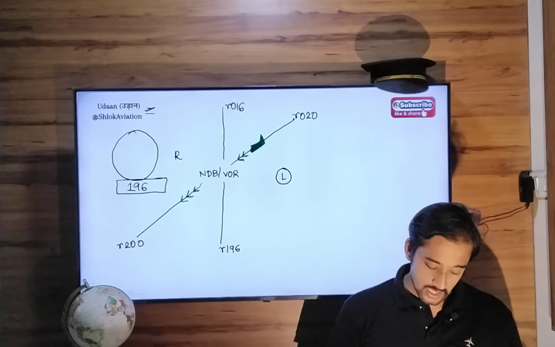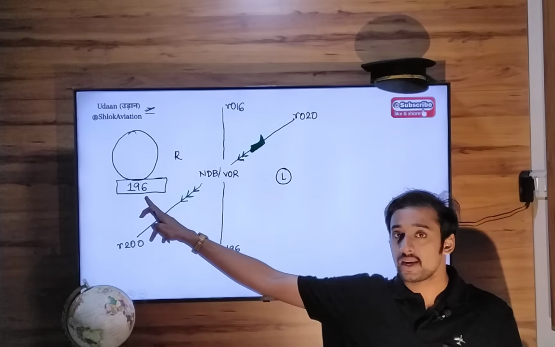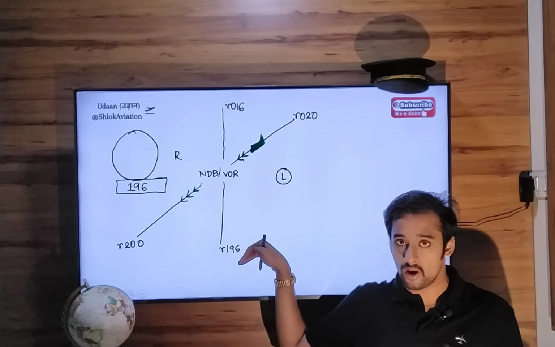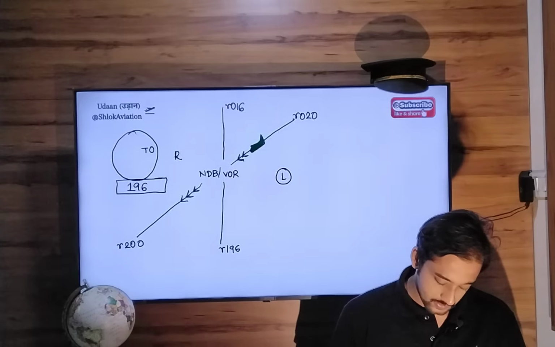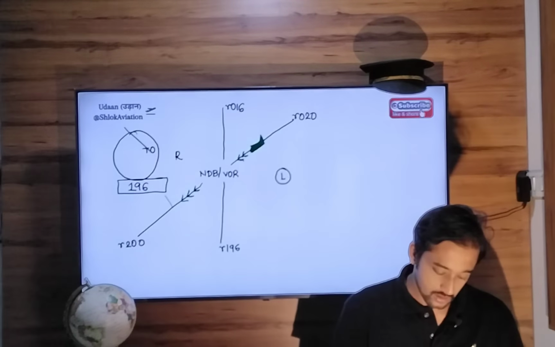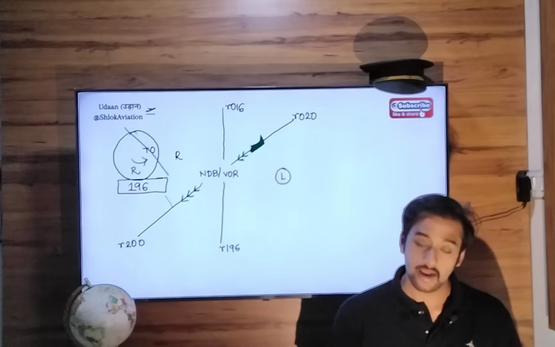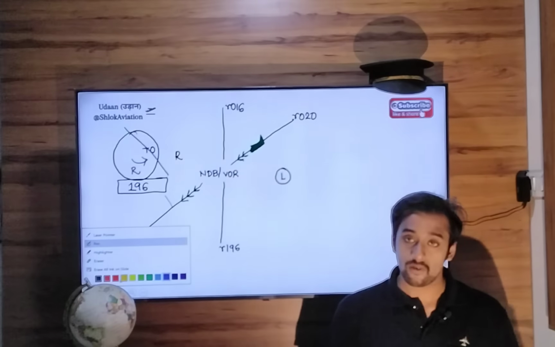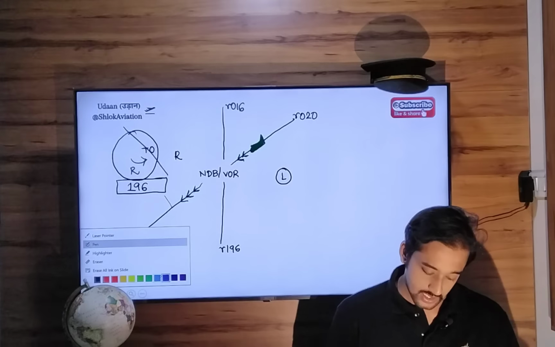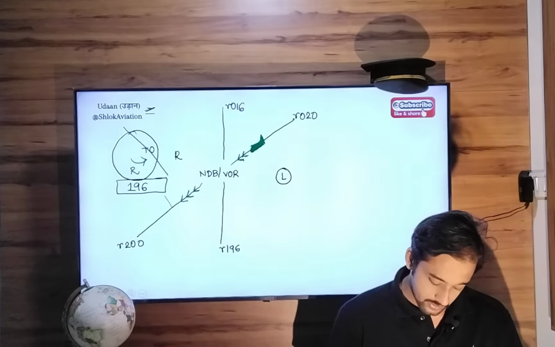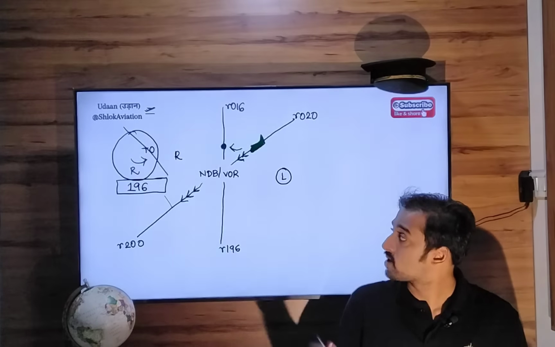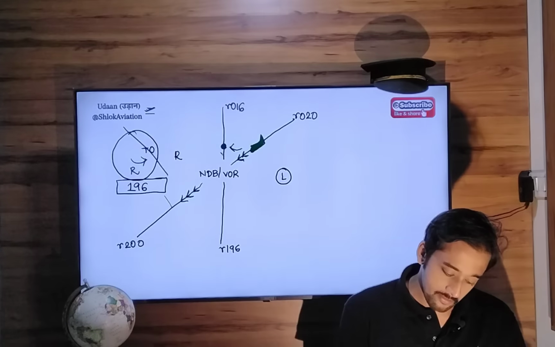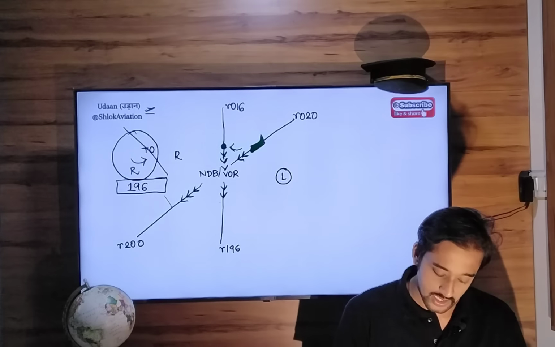So that means in order to go on radial 196, which is to this side of VOR, you will first have to turn your aircraft according to what the CDI needle says. That is, go to your right, intercept this radial 016, and then fly inbound towards VOR and then transition to 196.